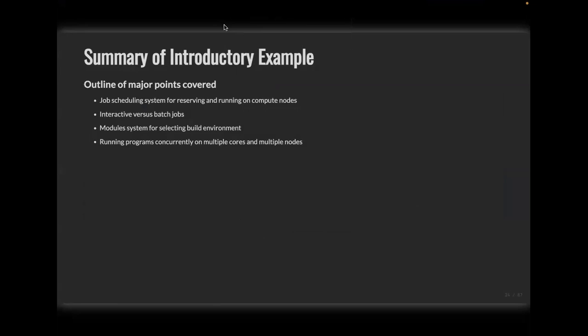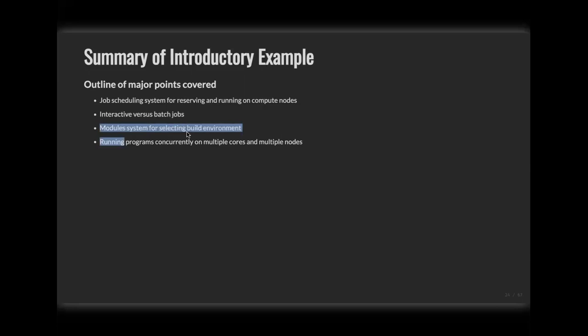So what we've covered here is how to use the job scheduler, right? So I hope you're comfortable now and understanding what it means to reserve a node, to run on a node, etc. Interactive versus batch jobs, right? I think we clearly distinguish that.